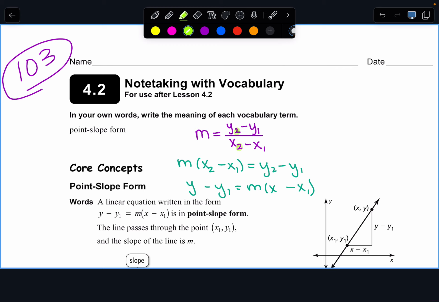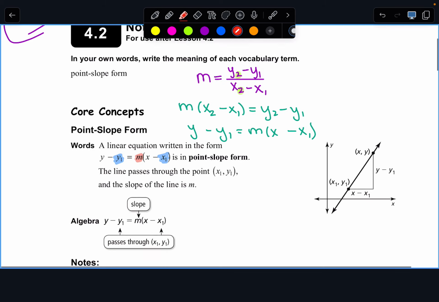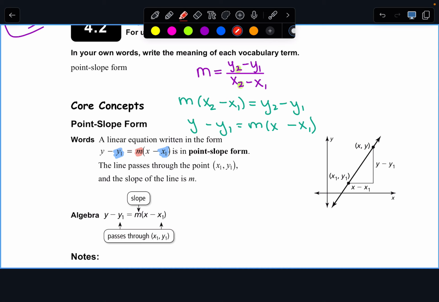Okay. This is what we call point slope form. Why is it called point slope form? Because if we know a point, x1, y1, and we know a slope, m, then we can throw our point and our slope into point slope form.